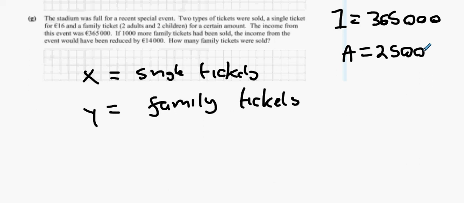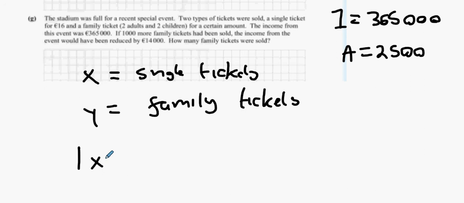Would everybody agree, for every single ticket you have one person? So 1 multiplied by the number of single tickets gives you the amount of people that bought a single ticket. Does that make sense?